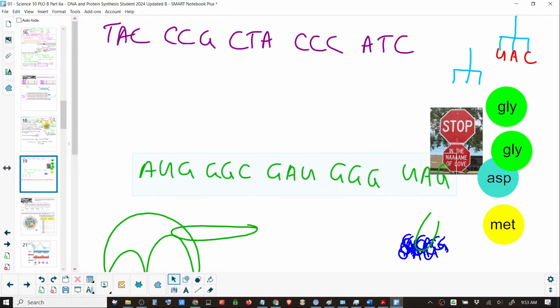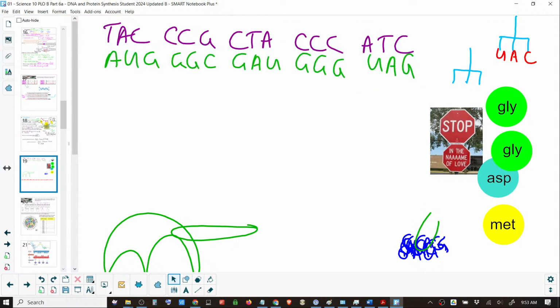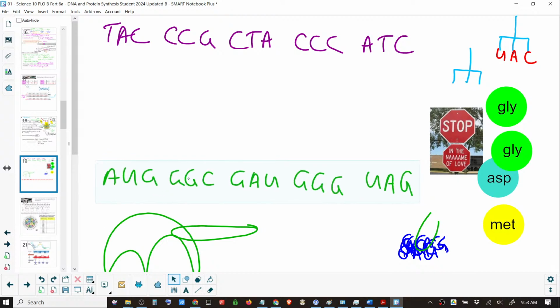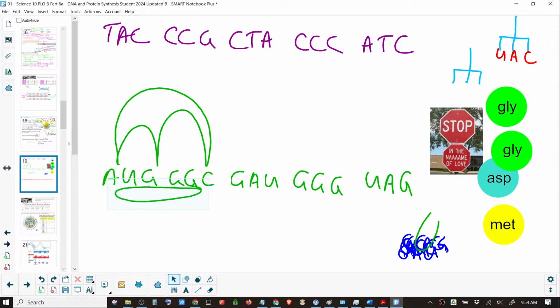So, we have our reading strand from DNA. Transcription happens, and the mRNA floats out to the cytoplasm. Once it's at the cytoplasm, the ribosome sticks to it.